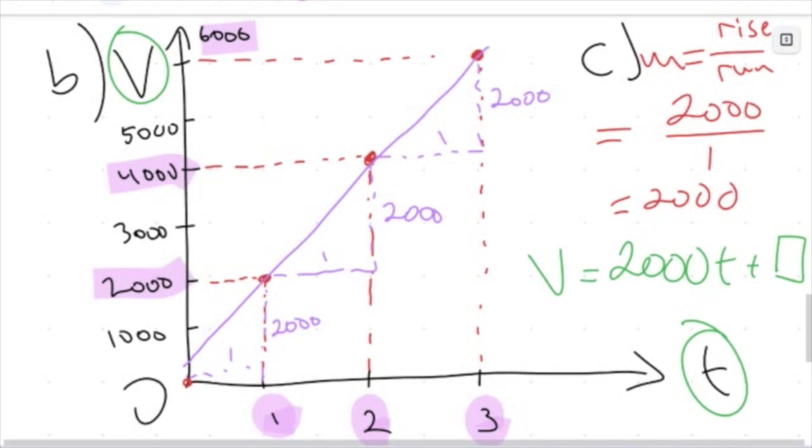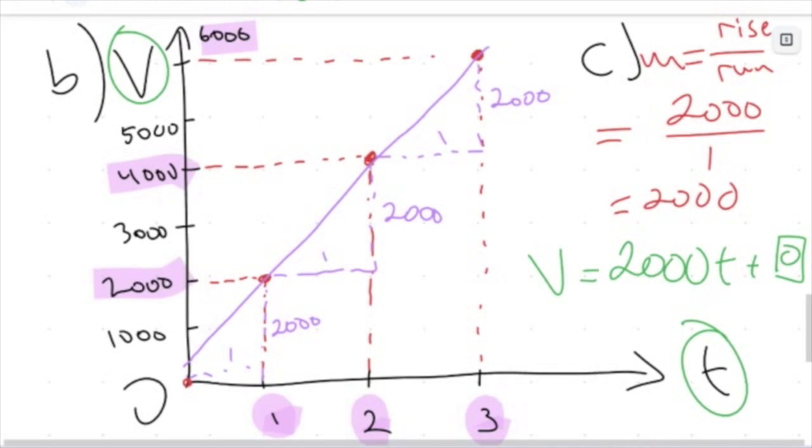But if I've filled up 2,000 in 1 hour, what have I started with? At time zero, at 0 hours, I haven't even started filling the tank. So my intercept is actually going to be 0 here.